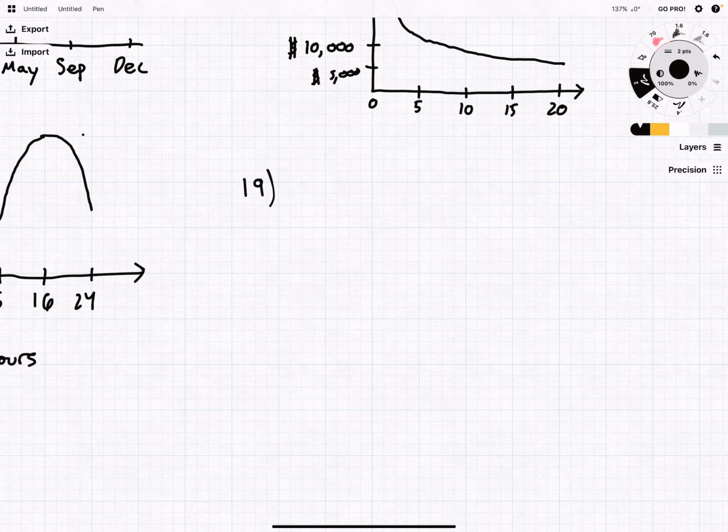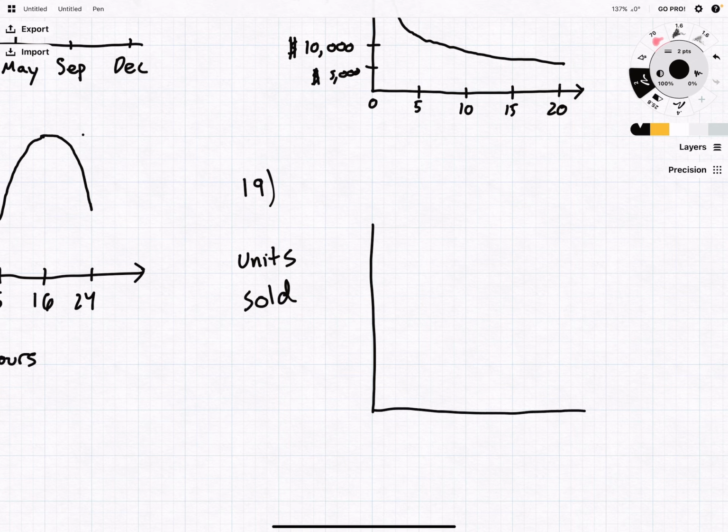So 19, we'll just say units sold, and just so there's some sort of time scale on this, let's just say per week. We'll say it's just your average grocery store, and this is coffee, right? 0, and we'll say maybe $3, $6, $9, and $12.